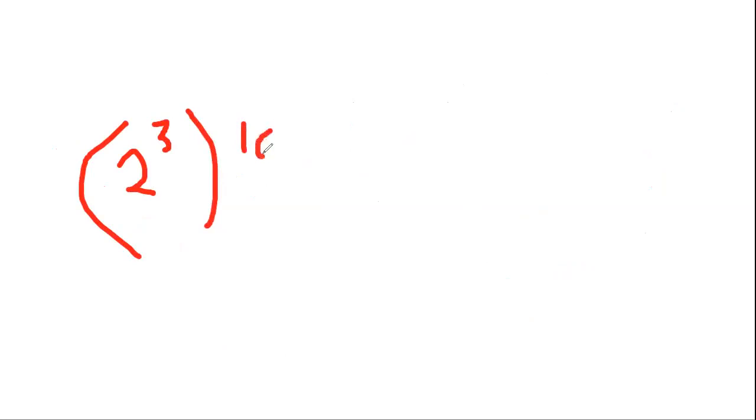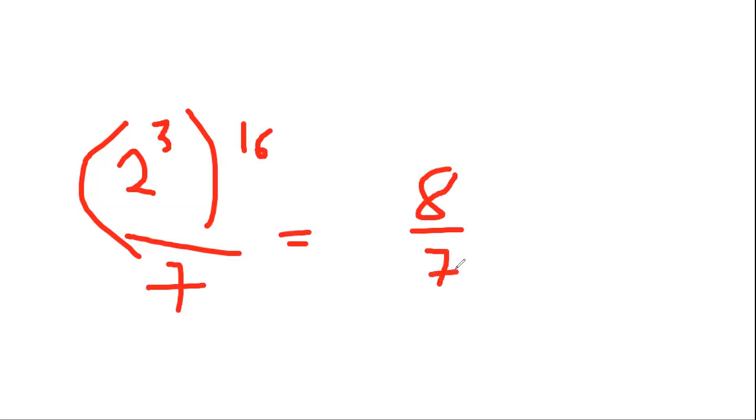You can approach this in another way also. 2 to the power 48 divided by 7, you can write it as 2 to the power 3 into 16, divided by 7, right? And 2 to the power 3 is nothing but 8. So 8 divided by 7, power 16.